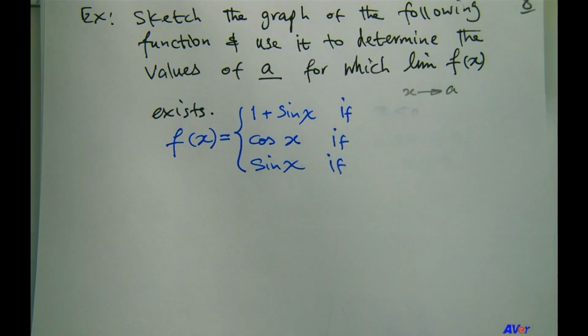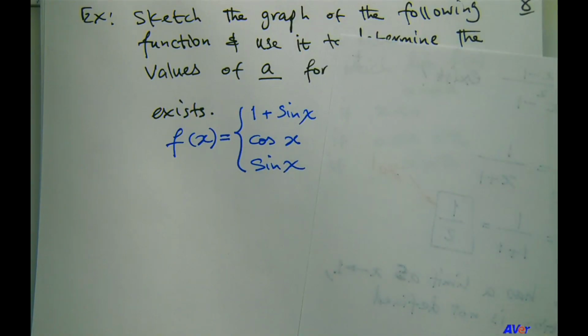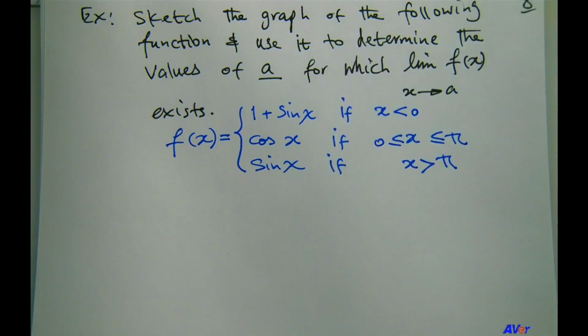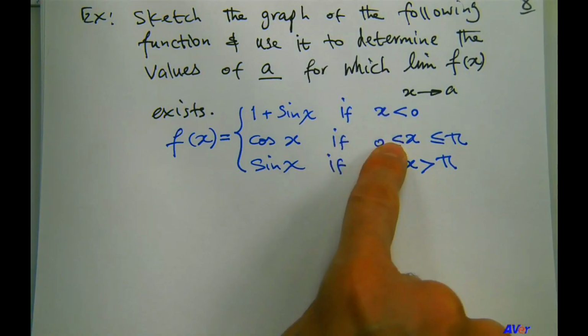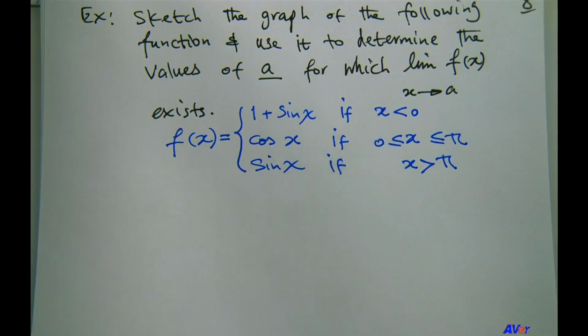You want to graph these very lightly with a pencil, fully, and then after you've drawn each of these very lightly, go back and look at these conditions, darken the areas of solution and erase the other pieces.